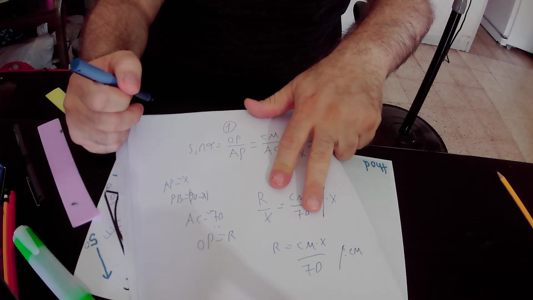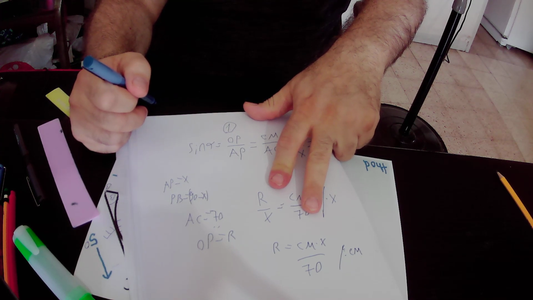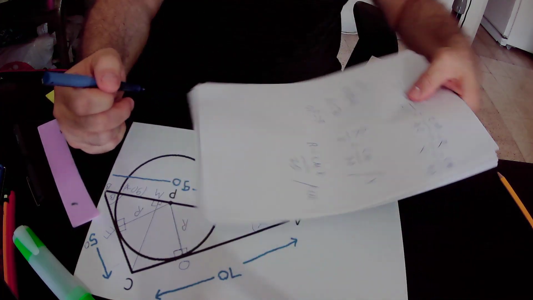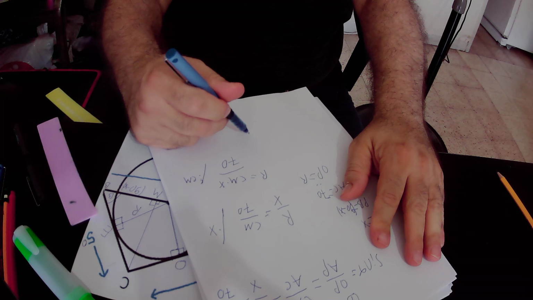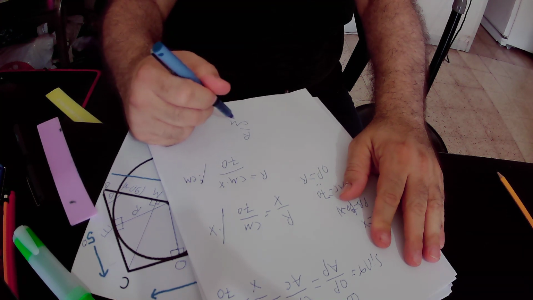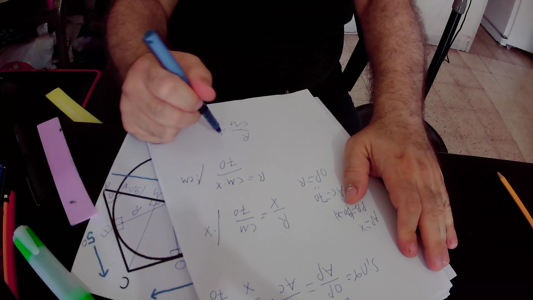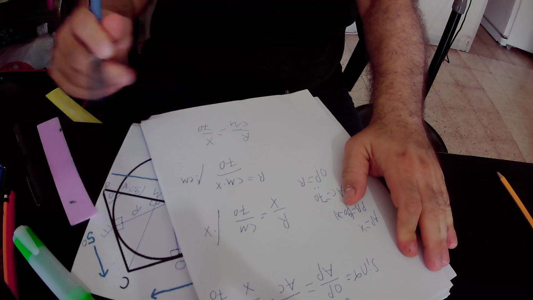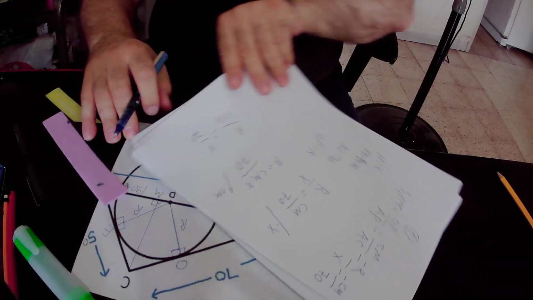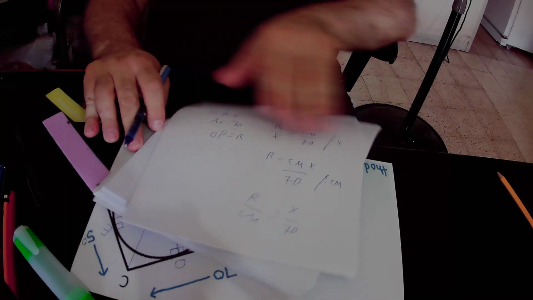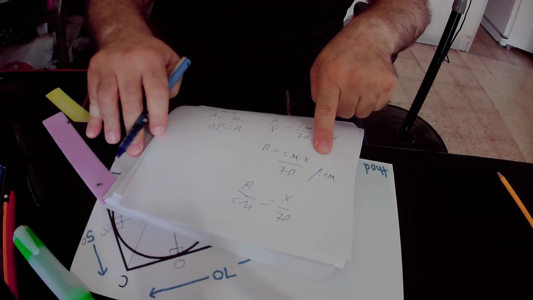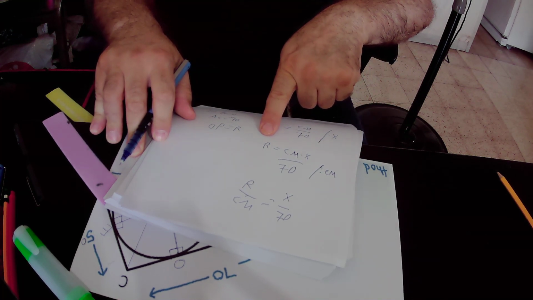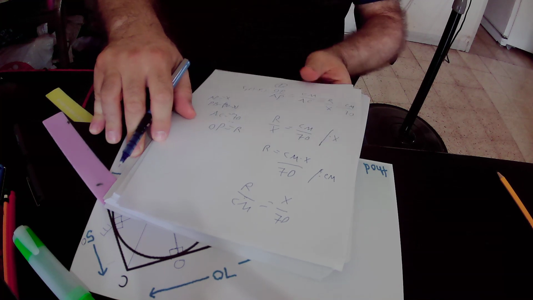We divide the equation by CM and we will get that R over CM equals X over 70.